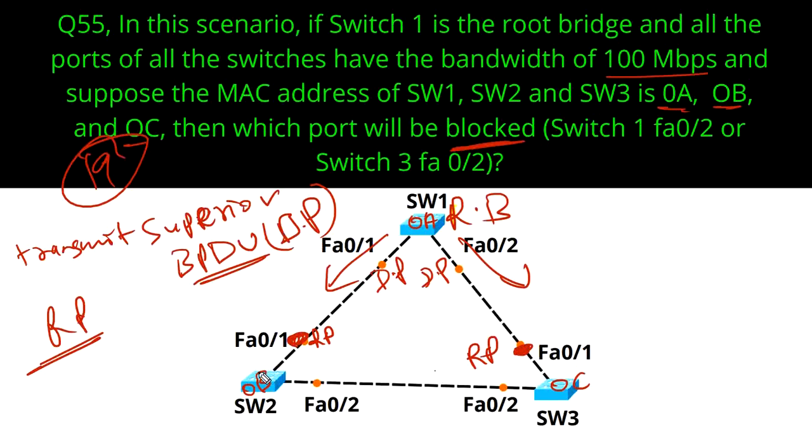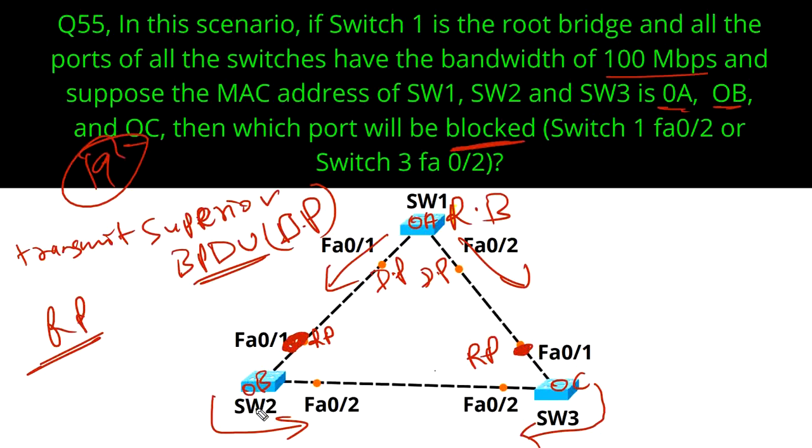Now this switch will relay that BPDU from here, and this switch will relay that BPDU from here, right? Whenever switch 2 receives a BPDU from switch 1, it is receiving superior BPDU on this interface, so definitely this interface will become RP, because a port where you are receiving superior BPDU becomes RP.